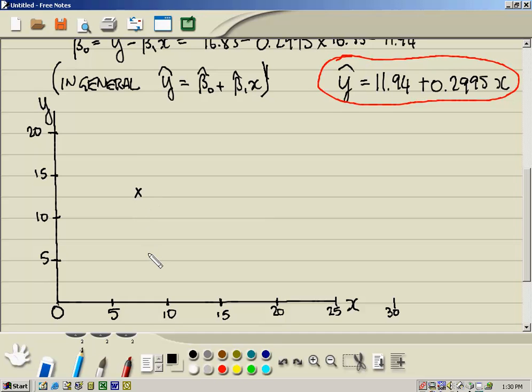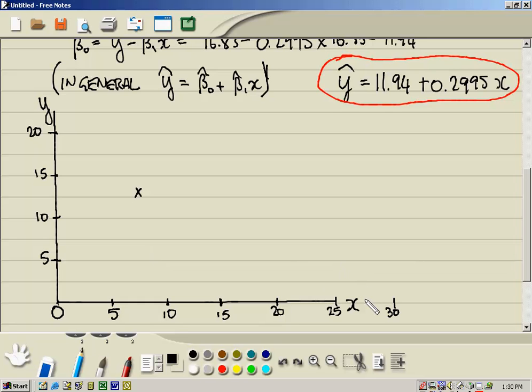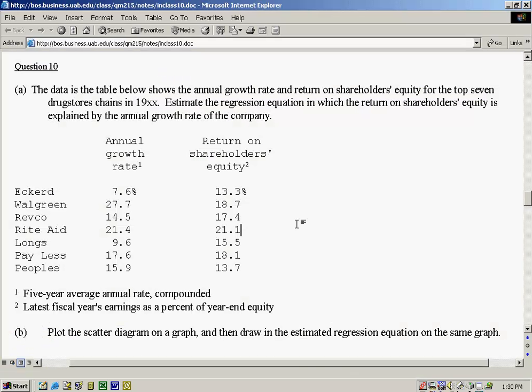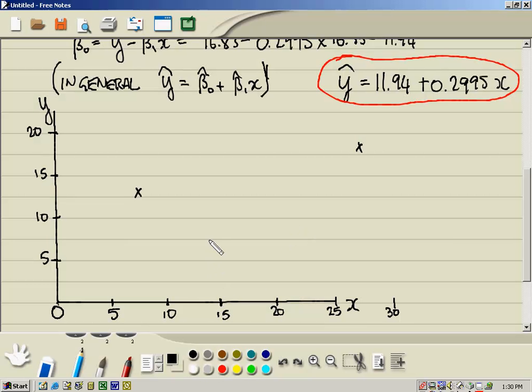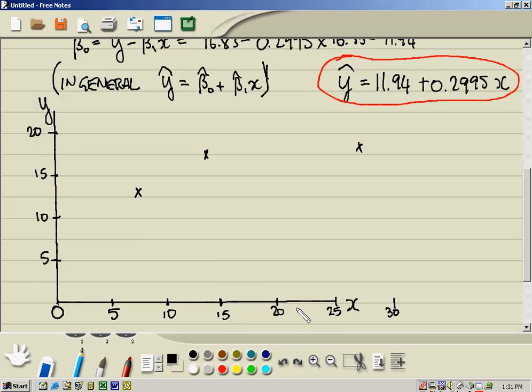So let's say that point is approximately there. 27.7, 18.7: 27.7 on the x, 18.7 on the y, will be approximately here. 14.5, 17.4: 14.5, and 17.4 will be approximately here. 21.4, 21.1: 21.4, and 21.1, approximately here.